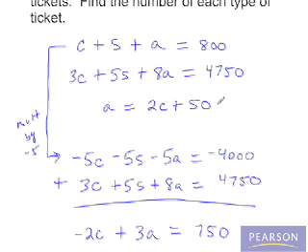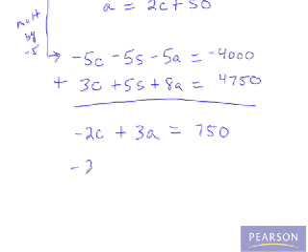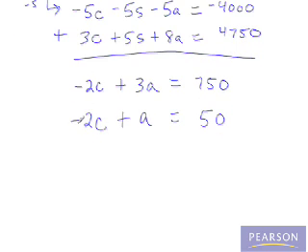So let's modify this third equation. Let's bring the 2C over to the left-hand side by subtracting 2C from each side. That gives us -2C plus A equals 50. Now I have a system of 2 equations with 2 variables that we will solve by elimination.